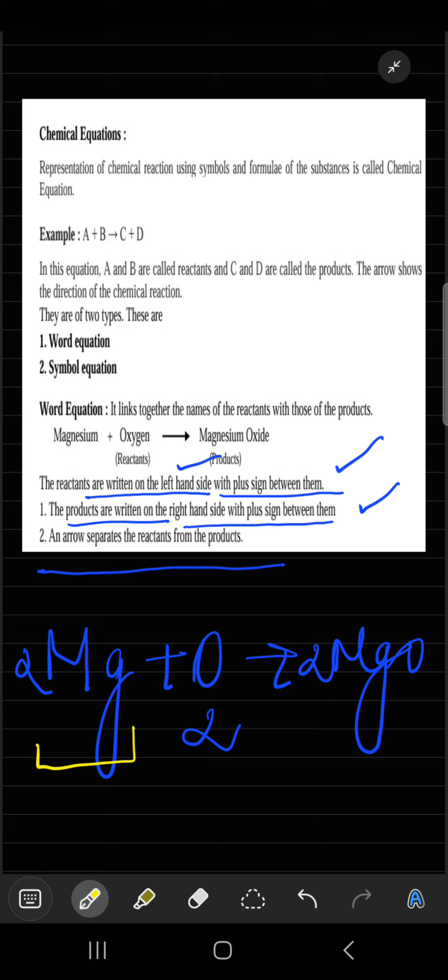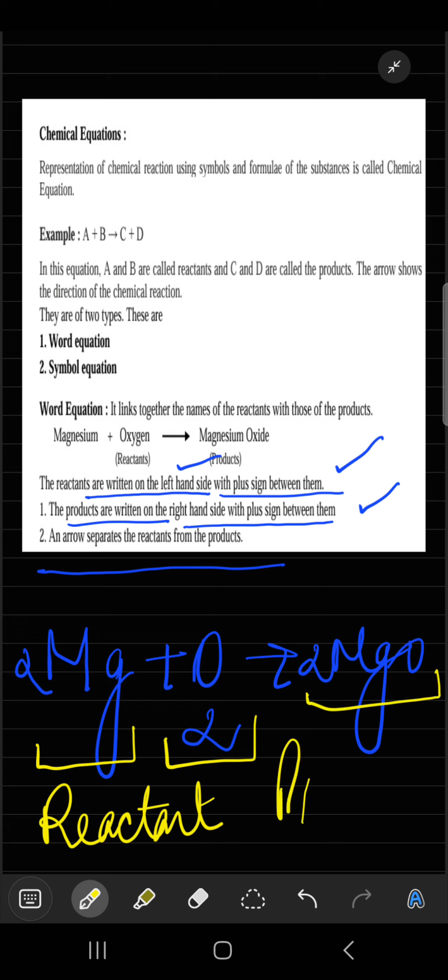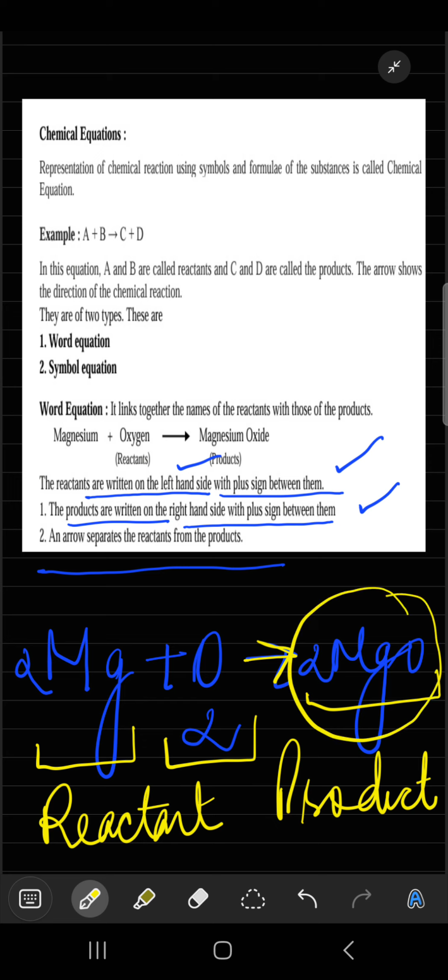Here, magnesium and oxygen are the reactants and magnesium oxide is the product. And the arrow separates the reactant and the product. Also, the arrow gives the direction in which the product has been formed.